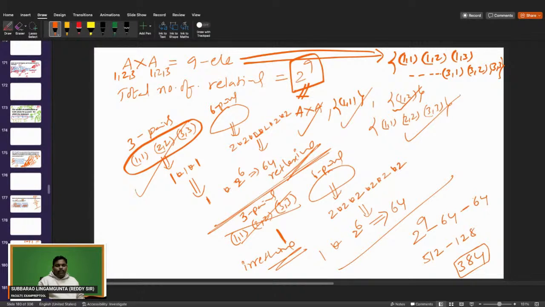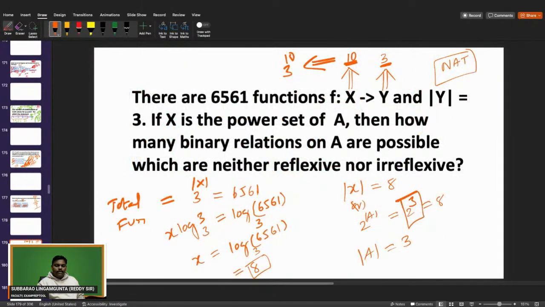Please let me know if I am wrong. Reflexive 64, irreflexive 64, total 512, 512 minus 64 minus 64 is 384. It is a really nice problem.